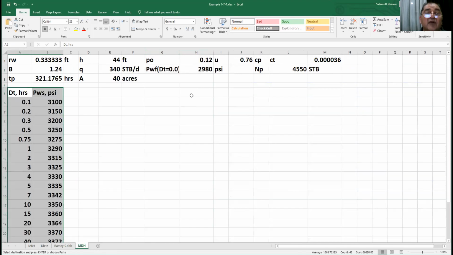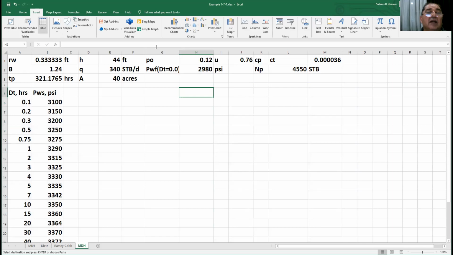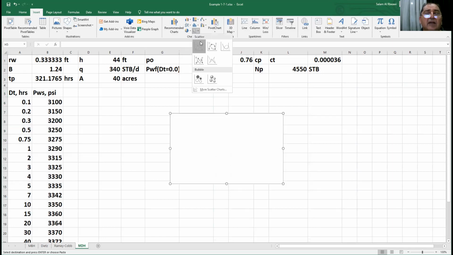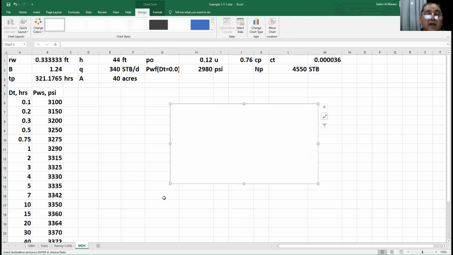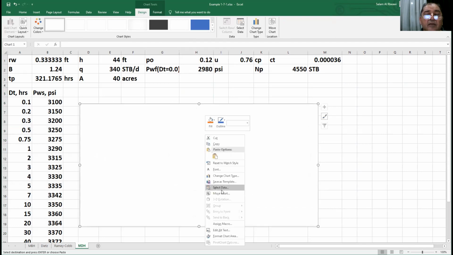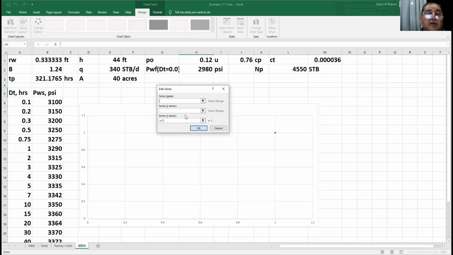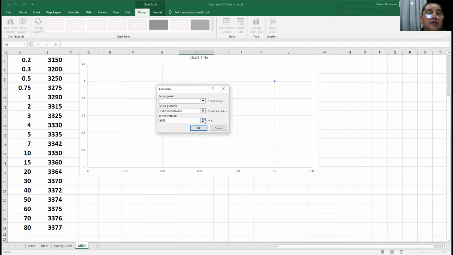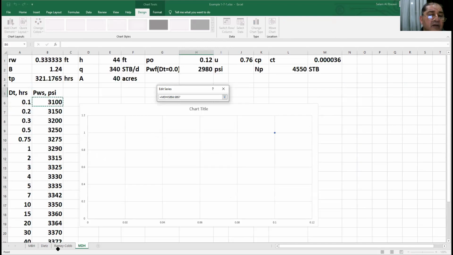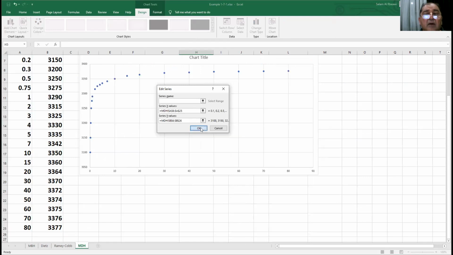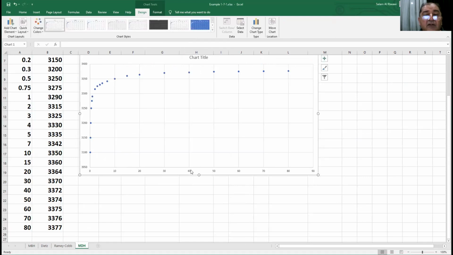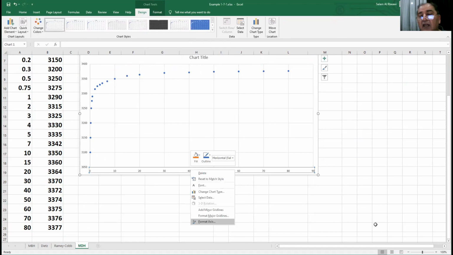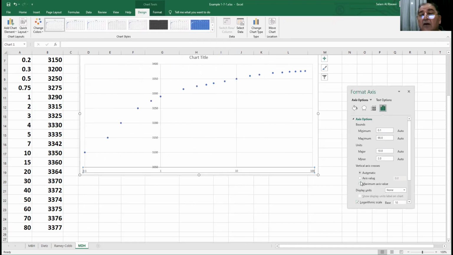So this is Miller-Dietz-Hutchinson, and we're going to plot delta T directly with PWS. This is delta T, as you can see, and of course PWS. And we know this is a logarithmic scale.